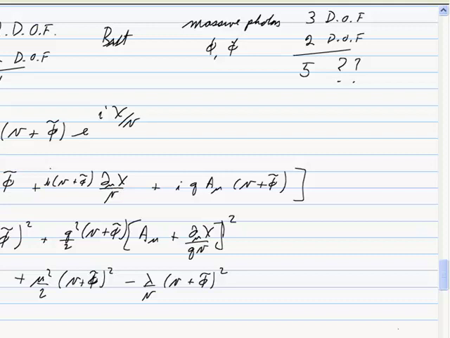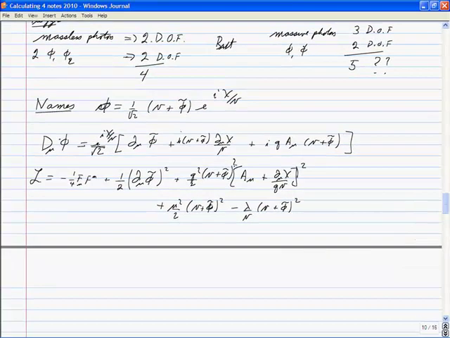Okay, so again, I need that correction there. So if I've forgotten about the A piece, it's exactly what we had the step above, but now I have the A piece there. Okay.